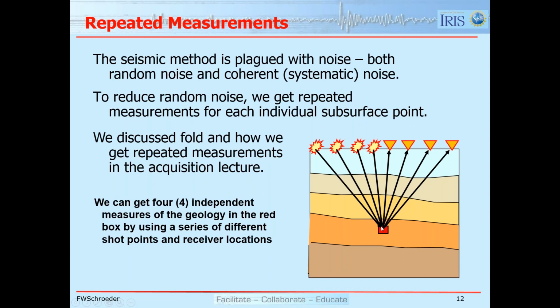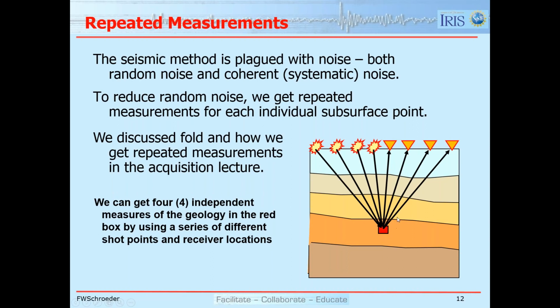I will talk about a bounce point, a crude way of referring to it, and it's recorded by this listening device. This shot will hit the red box and be detected by this listening device, and this shot into this, and this shot into this receiver.